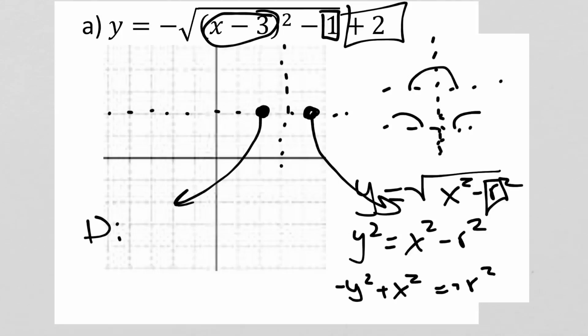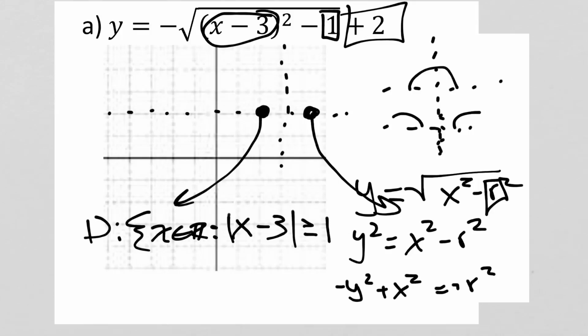Domain and range. Domain is, again, going to be kind of tricky to do because I'm going to do it with an absolute value. So I'm going to say x is an element of R such that the absolute value of x minus 3, notice where that came from, is greater than or equal to 1.